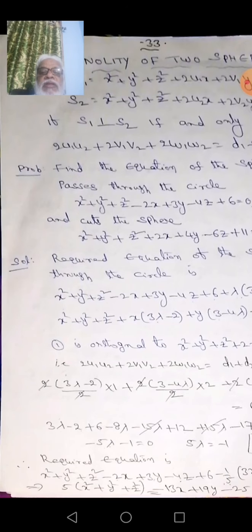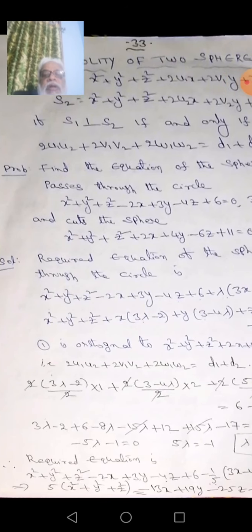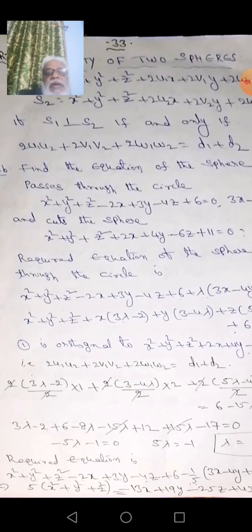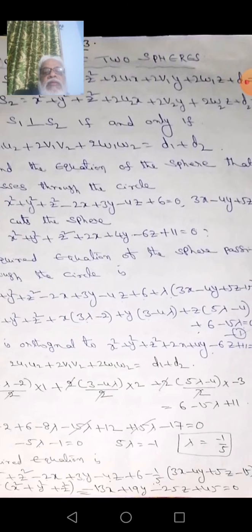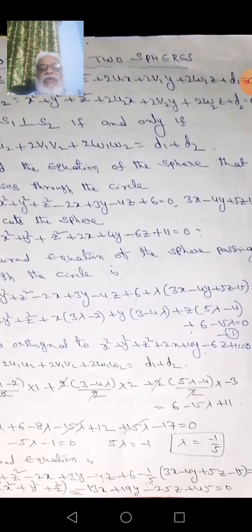According to that formula, we simplify it. 3 lambda minus 2 plus 2 into 3 is 6 minus 8 lambda minus 15 lambda, minus into minus plus 12, minus 15 lambda goes that side, that is plus 15 lambda.